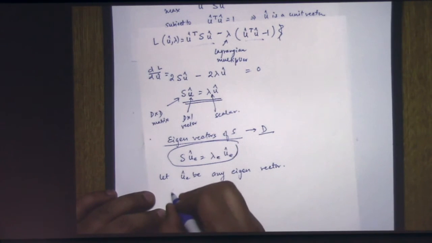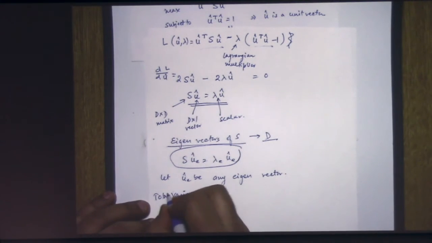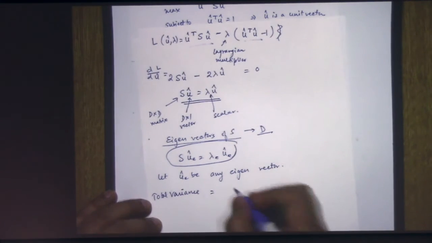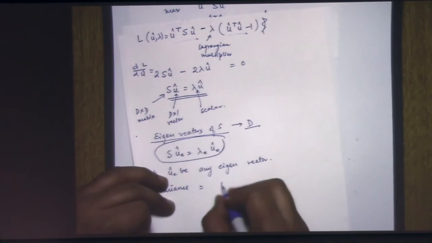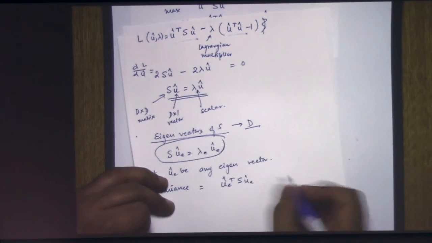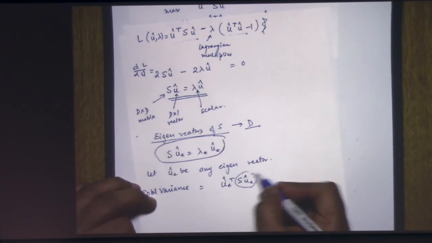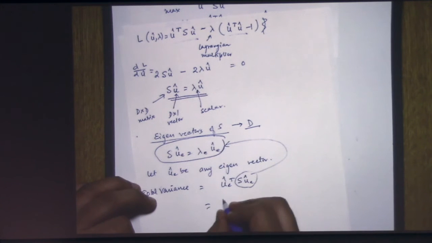So then the total variance will be equal to UE transpose S UE, because that's the total variance. But since it's an eigenvector, this is actually equal to UE transpose lambda UE.